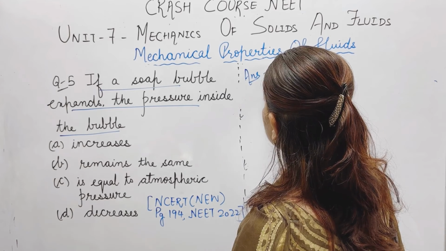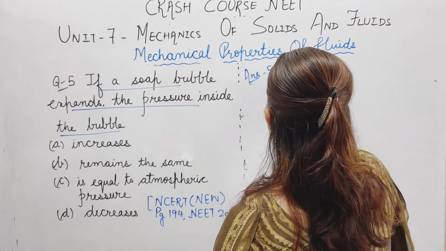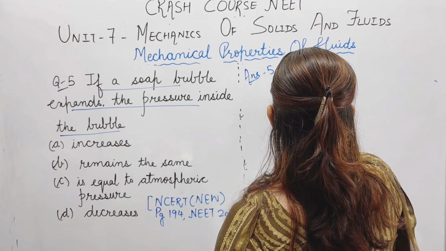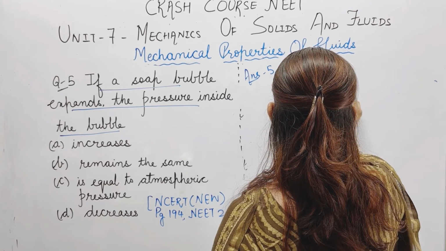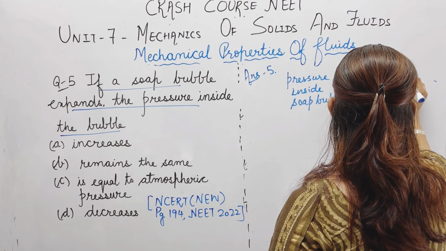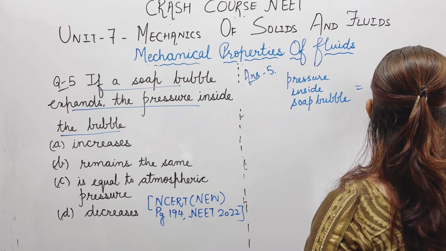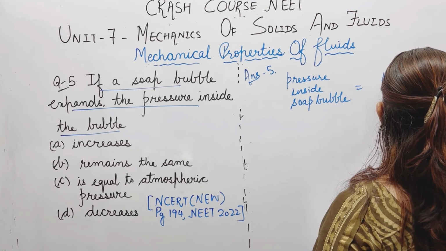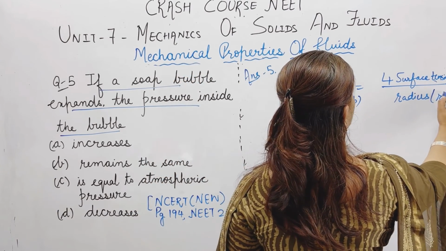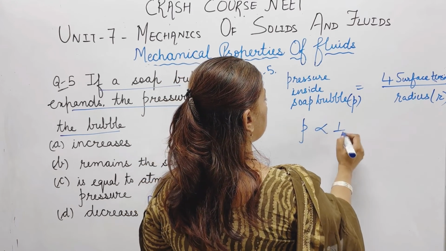To solve this question, we'll first see what is the relation. The pressure inside soap bubble is equal to 4 surface tension over radius. So if we see, let pressure is denoted by P and radius is denoted by R. So if we see the relation between the pressure and the radius, it is inversely proportional.